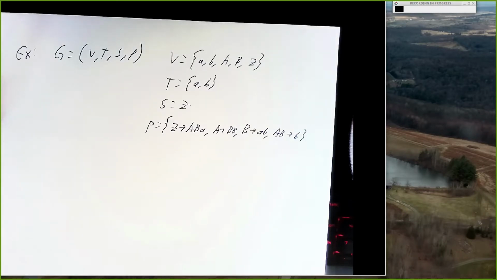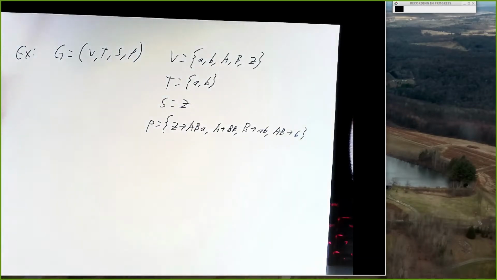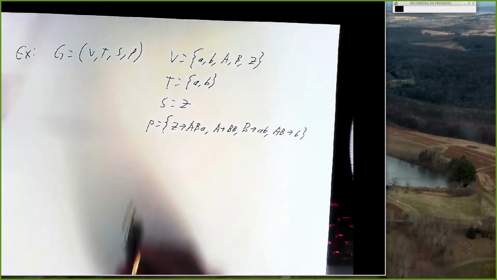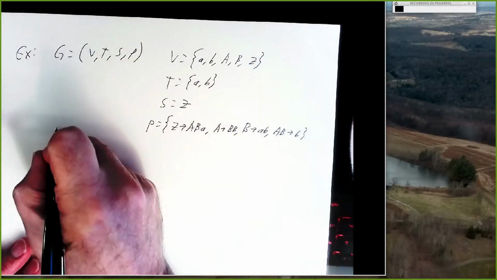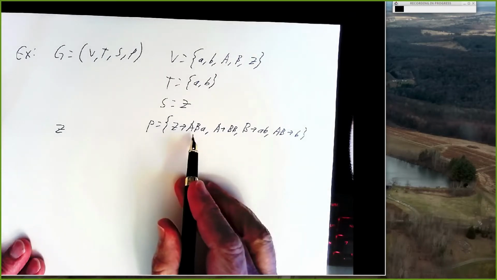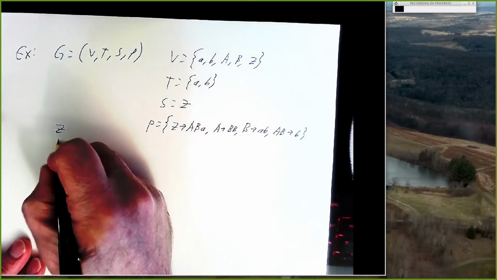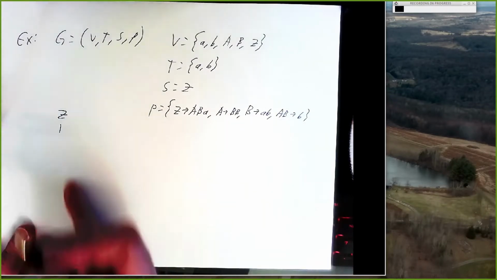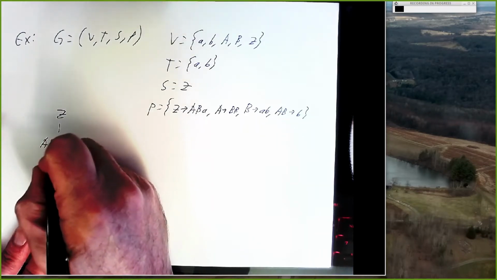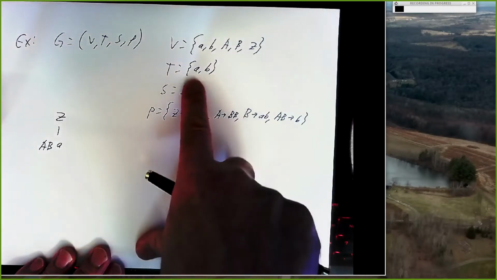And here's how we use this tuple, V, T, S, P, to describe the things that are part of our language. For example, we start with the start symbol, which is a Z. And we have a production rule which says Z can be changed into big A, big B, little a. So I'm going to draw something like a tree, and say, starting with Z, I can get big A, big B, little a. What I'm trying to do is find a string comprised only of terminal symbols.